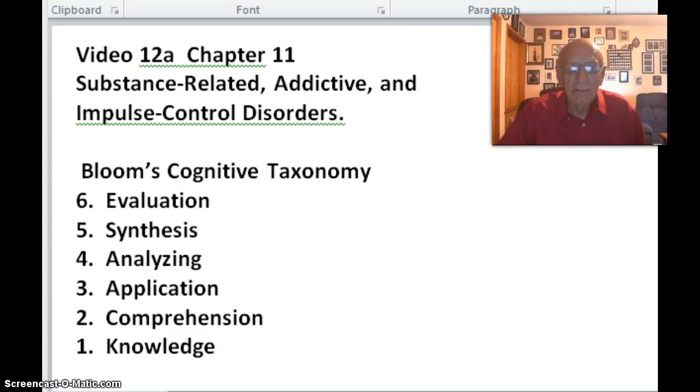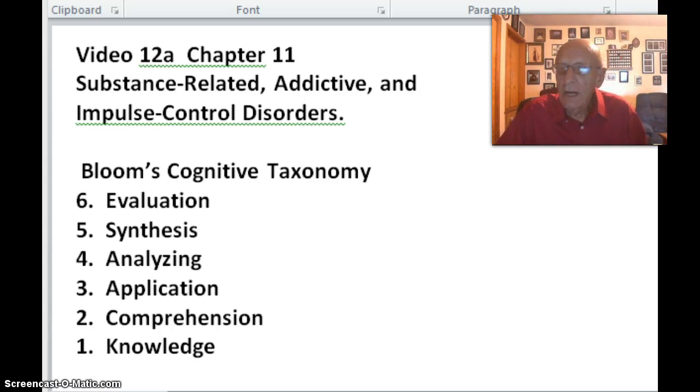And we're going to try to include more aspects of Bloom's cognitive taxonomy, particularly 4, 5, and 6. I don't know whether you're acquainted with this. I don't know whether you've ever heard about this, but Benjamin Bloom developed taxonomies. Taxonomies merely meaning classifications, and this is in the cognitive approach.